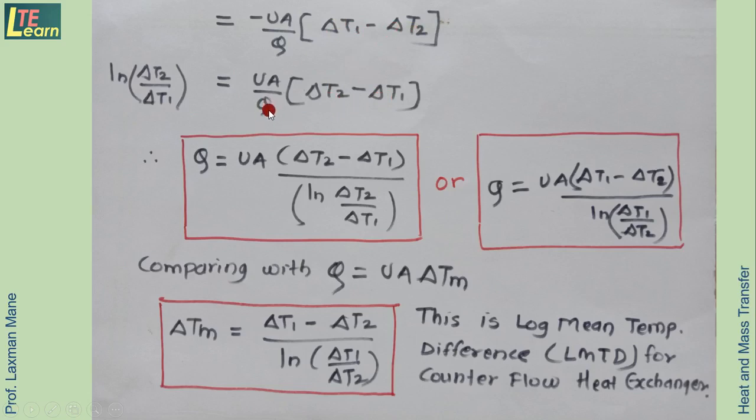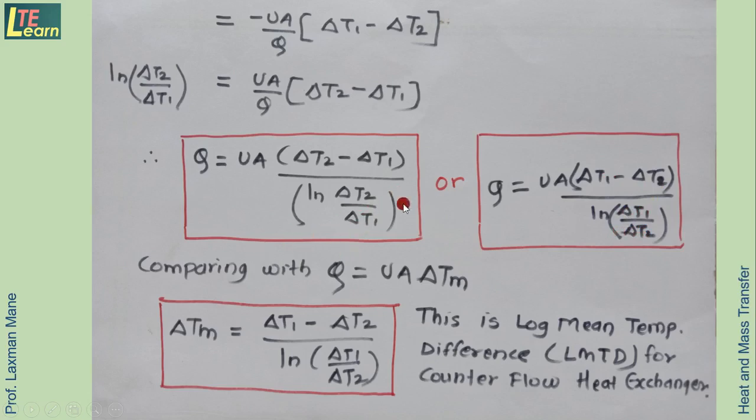Now writing this equation in the form of Q: Q will be equal to UA into delta T2 minus delta T1 divided by natural log of delta T2 upon delta T1. This equation can be written in this way also: here is a subtraction of 2 minus 1, so here is a ratio of 2 to 1. For the subtraction between 1 and 2, the ratio will be for 1 and 2, delta T1 upon delta T2.